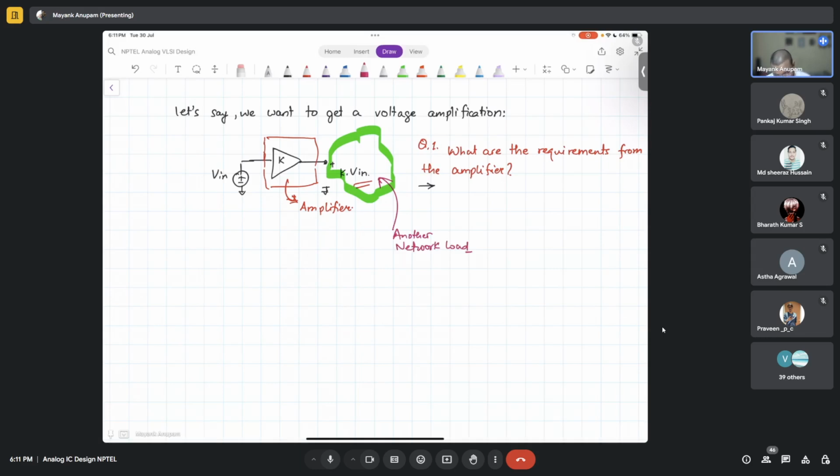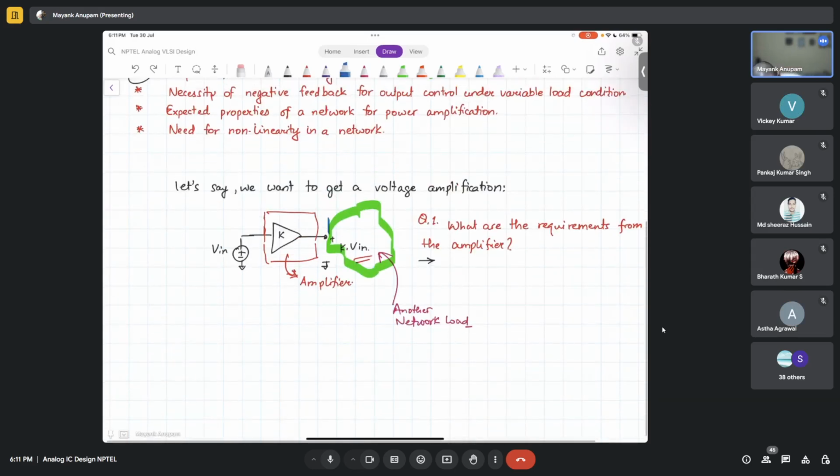The whole point of designing a voltage amplifier is to make sure that whatever you connect at the output of the amplifier, the voltage at this point should be precisely controlled only by the input voltage, and it should be equal to some amplified version of the input voltage. That is the whole point of making this amplifier, correct?